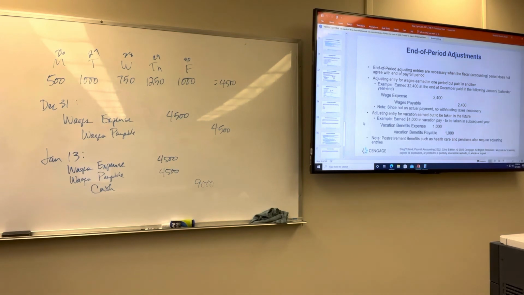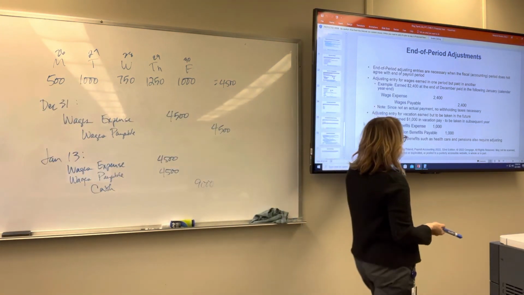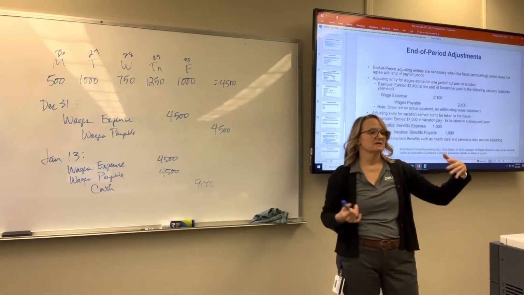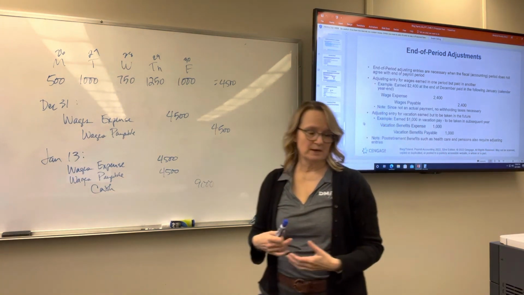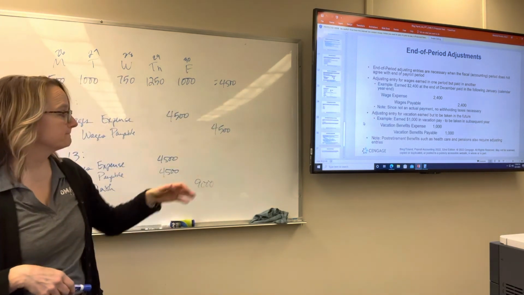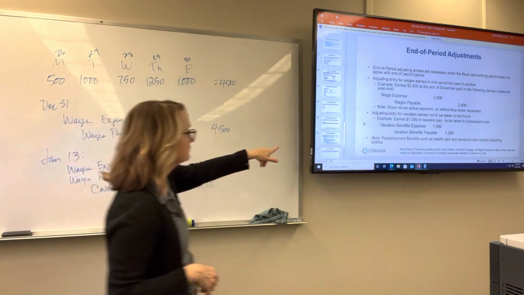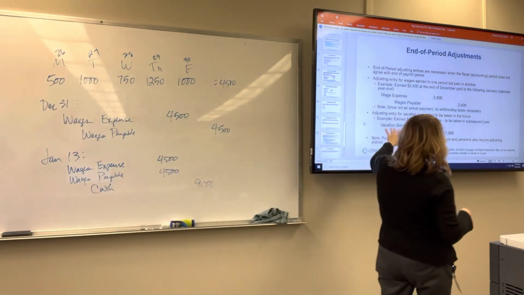Another type of adjusting entry that you might make is for vacation benefits, if that is recorded by the company, the amount of accrued vacation benefits. You'd have to do that calculation, and then that would be another expense and payable amount.